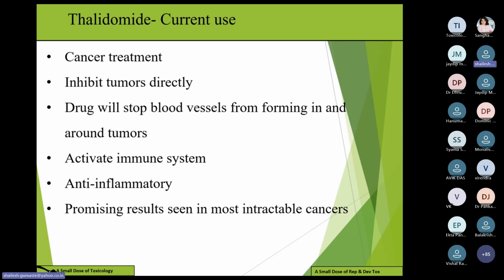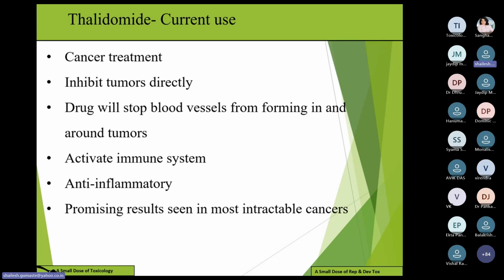In complication of leprosy, a chronic bacterial infection that affects the nerves, skin, and mucous membrane, thalidomide is now used to treat and prevent moderate to severe skin lesions associated with this condition. Thalidomide modulates the activity of the body's immune system, helping to indirectly attack cancer cells and stop the growth of blood vessels in the cancer.